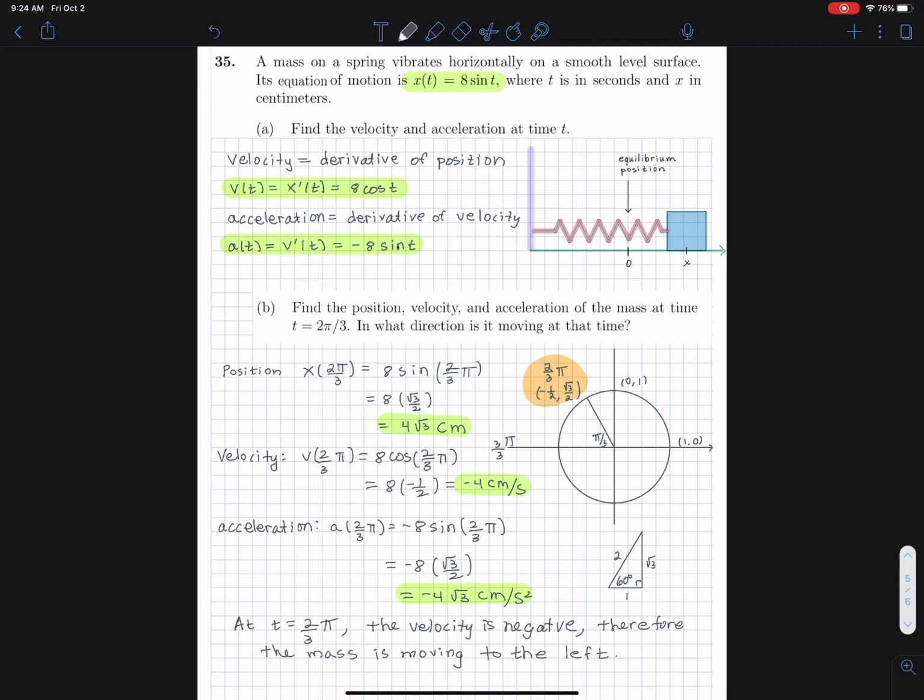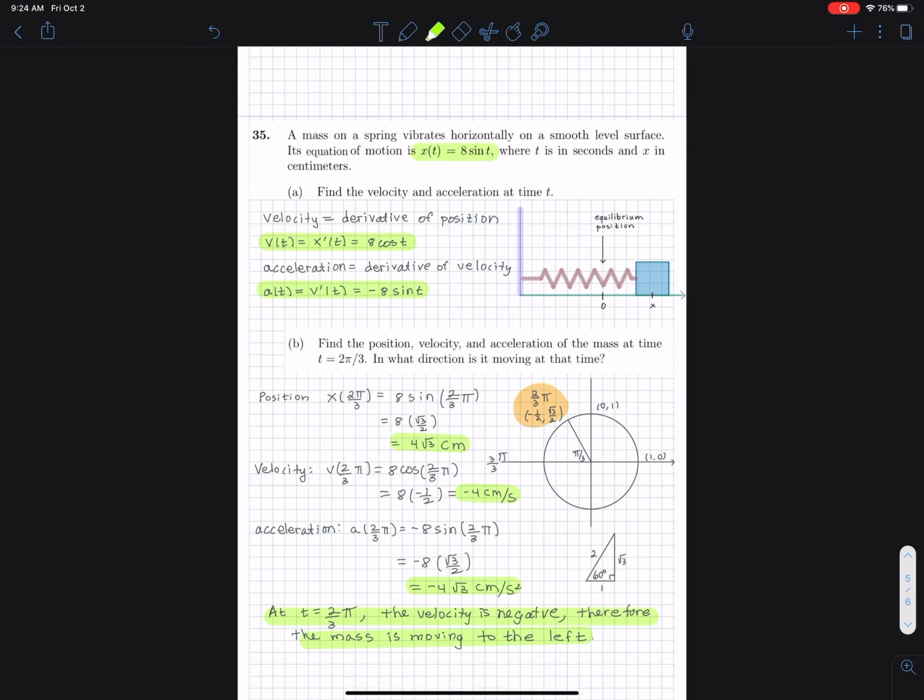But the velocity is negative, which means the mass is moving to the left. And the acceleration is negative, which means it's accelerating to the left. So maybe I'll highlight that also down here as our answer. And I believe that's all we have here.